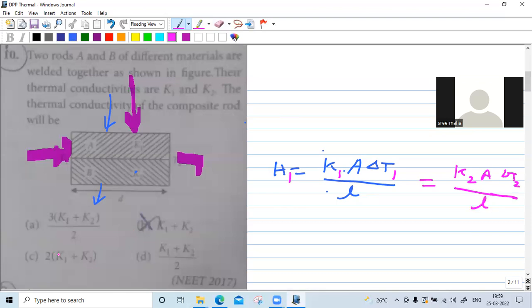Okay, and let the temperatures be T1, T2, T3.